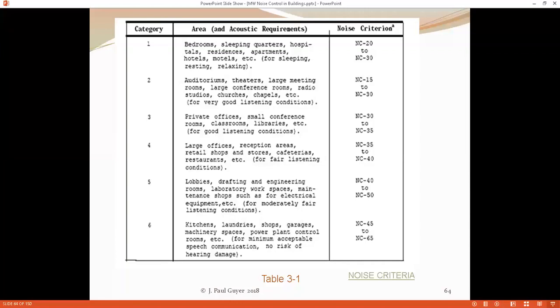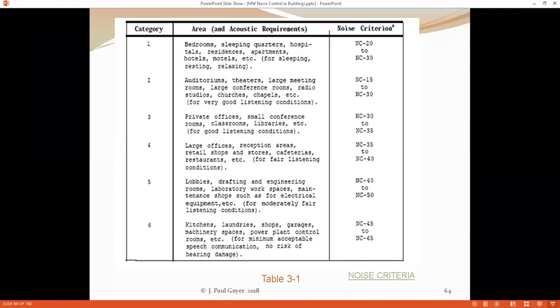And so you would select as your target NC 35 or NC 40. And category 5, you can tolerate a little noisier environment, but you still want to have moderately fair listening conditions. This would be shops, engineering spaces, laboratories. And so for that type of receiving room, you would select the noise criterion of 40 to 50.